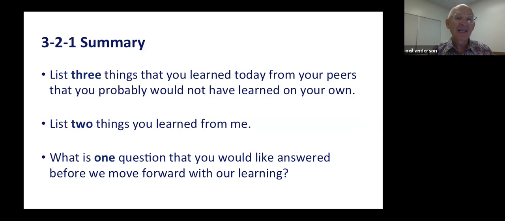So in this particular example, I might ask the students, list 3 things you learned today from your peers that you probably would not have learned on your own. Then list 2 things you learned from me. And finally, what is one question that you would like answered before moving forward with your learning?